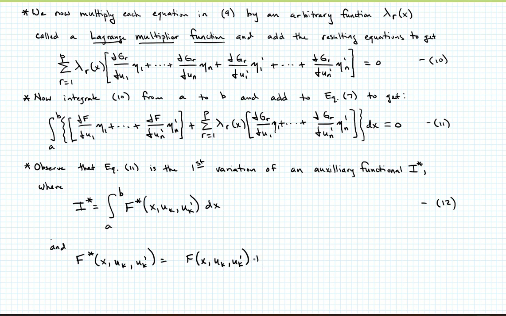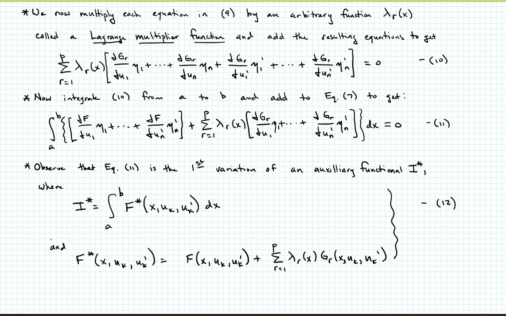And then that's going to be plus the summation from r equals 1 to p of lambda r of x times gr of x, uk, and uk prime. These will collectively be called equations 12. So that's what we're observing.